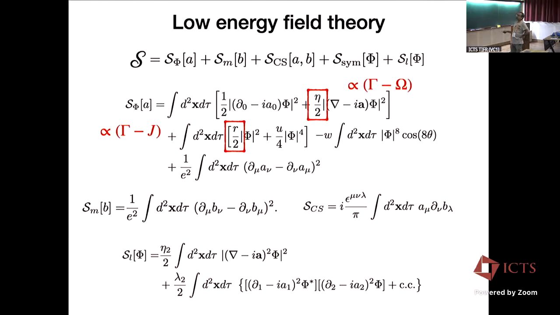But let me point out that there are two parameters in this field theory which can be tracked back to the two parameters of the microscopic model. One is the mass of the electric charge, and the other is the kinetic energy of the electric charges. These are the two parameters that you can effectively tune in your field theory.